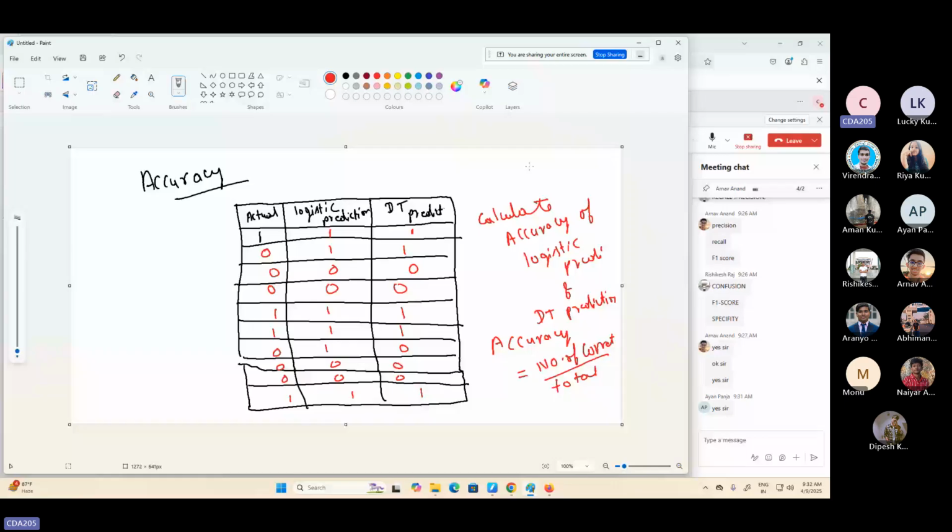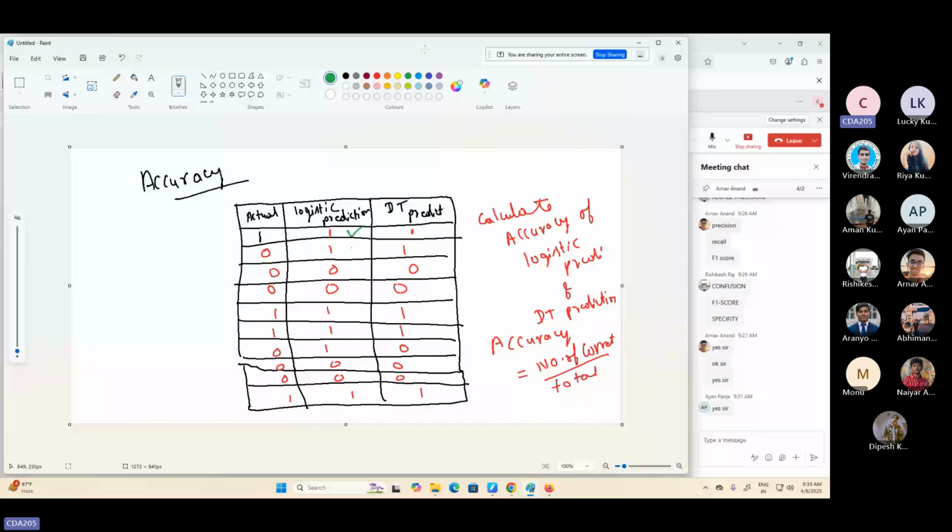For the logistic model, you can check it here. This one, actual is 1 and prediction is also 1, so it is correct. Now the second statement: actual is 0 and prediction is 1, so it is wrong.